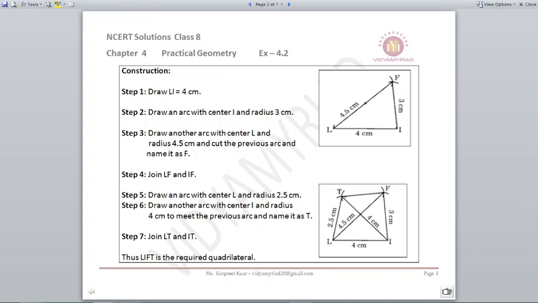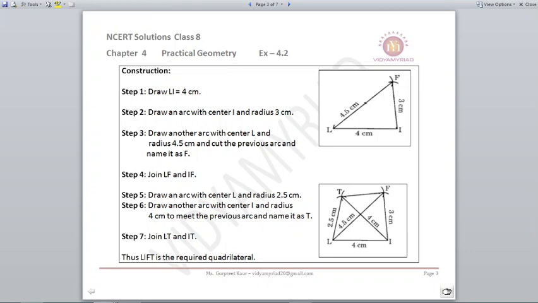Now what else do I want? What will I do now? I will join LF and IF. Now from L I need 2.5 centimeters, and that arc point will be T. And from I I will take 4 centimeters. Remember, now your two compass points will be L and I, because now I have diagonal TI.